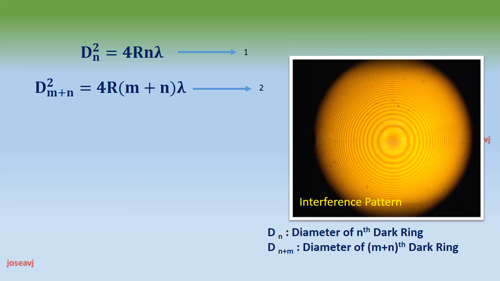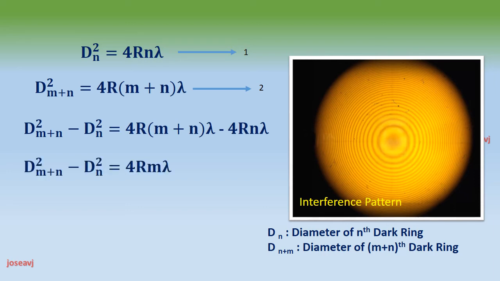Equation 2 minus equation 1 gives D(m+n)² − Dn² = 4R(m+n)λ − 4Rnλ. Simplifying, we get D(m+n)² − Dn² = 4Rmλ, or λ = (D(m+n)² − Dn²)/4Rm.